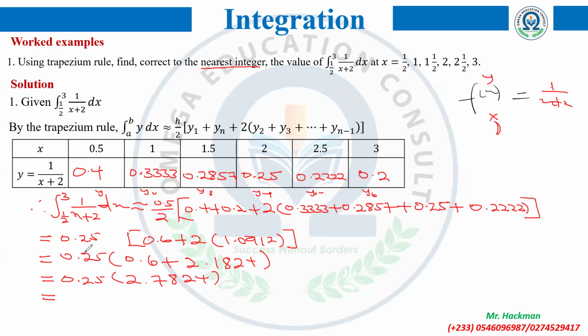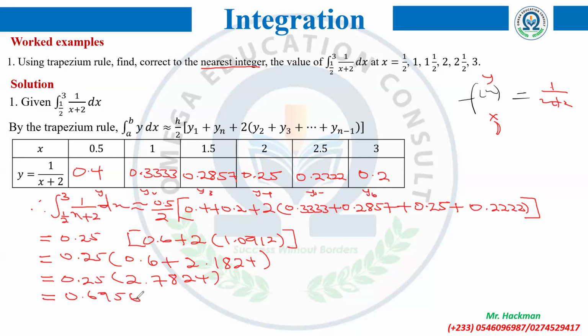But there is a required approximation, which we have underlined. So multiply this and give me your answer. This times this. 0.6956.